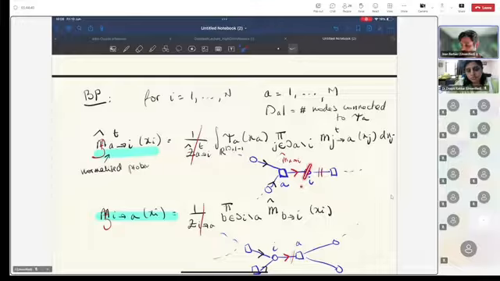I'm not considering this one, and I need to integrate with respect to all the neighbors. How many neighbors are there? There is that number, and I need to remove one corresponding to this one, and so I integrate over all these configurations of the neighborhood.